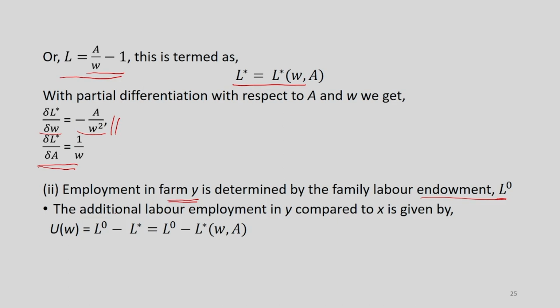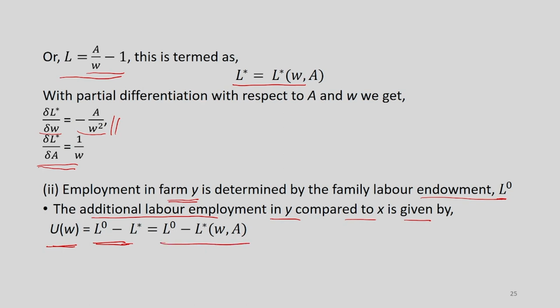Therefore, the additional labor employment in Y compared to X is given by this UW, which is given in the question. UW is L0 minus L star, right? How much is the difference between the employment in the family firm, that is L0, and the employment in the other firm, the capitalist firm, that is L star? So, this is what we are getting.